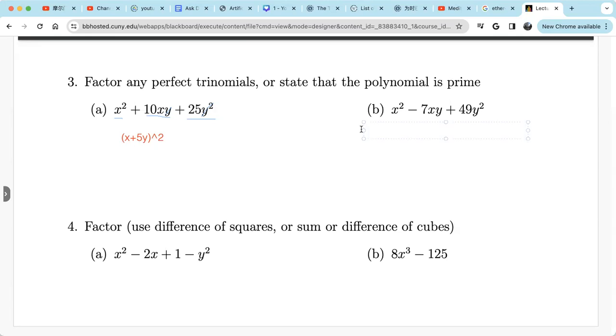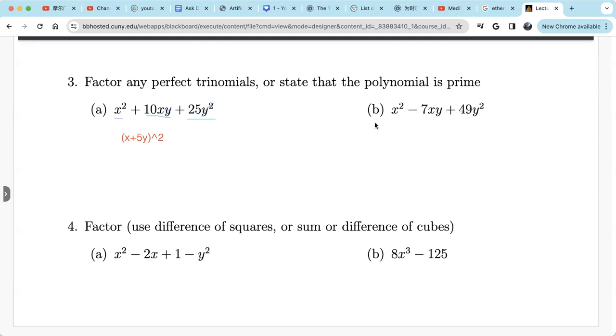So similar for b, it's x minus, oh, hold on, it's a little bit different, right? Can we factor this? 49y squared is 7y squared, so 7y parentheses squared. Is there any way we can do factors of 49 that add up to negative 7?